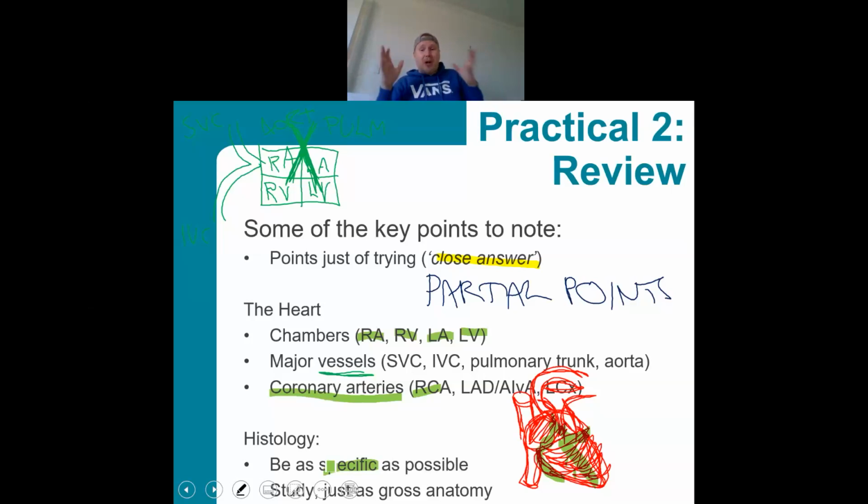I know that it's often easier for some people, including myself, to think of these themes when they are structures and organs that you can see with the naked eye. But histology is an important part of anatomy and physiology, so we need to have a basic appreciation of that as well. So let's have a look at certain particular questions that draw my attention, to make sure that we're all clear on those.